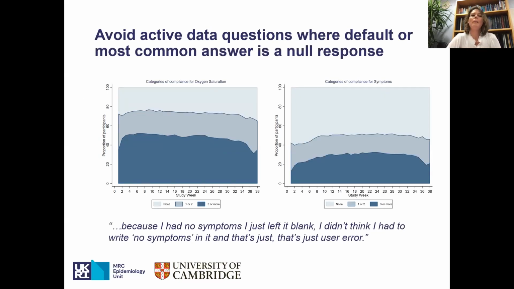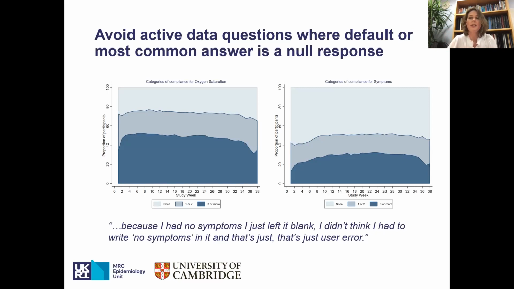This is the graphs of the other 2 measurements. On the left-hand side, you see oxygen saturation. Very, very similar to the previous 2 and the same results in terms of consistency across. But on the right-hand side, you see the proportion of people who completed the symptoms. And you see that those that are completing it 3 or more, there's a substantial drop there in comparison to the oxygen saturation.